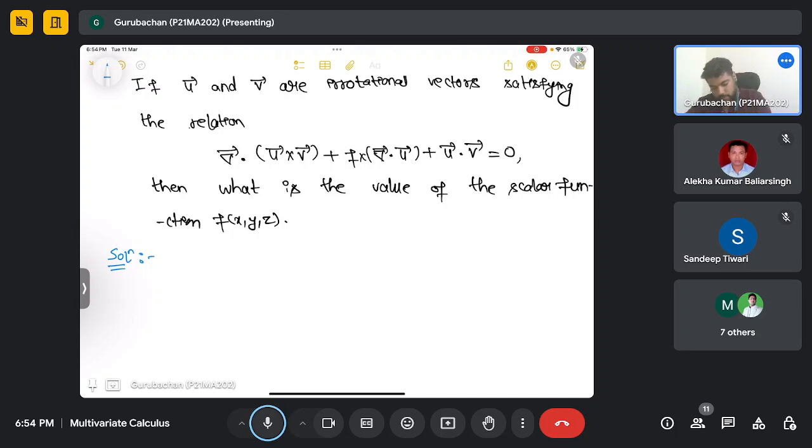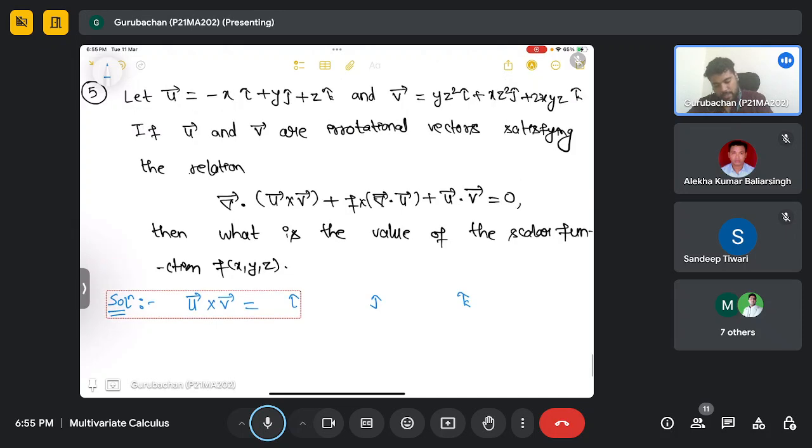So what we have here, we have to first calculate this u cross v, and u cross v is i j k, and we have given that minus x, y, and z, and the other factor is yz square, xz square, 2xyz.